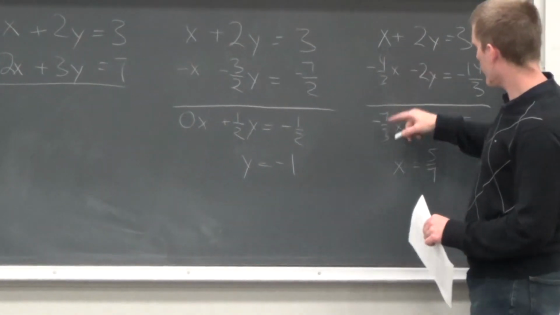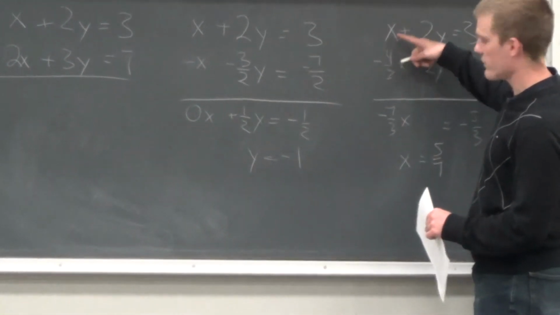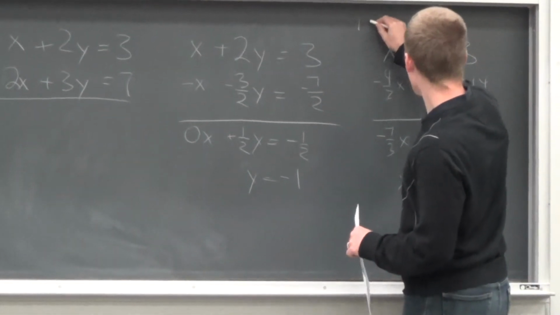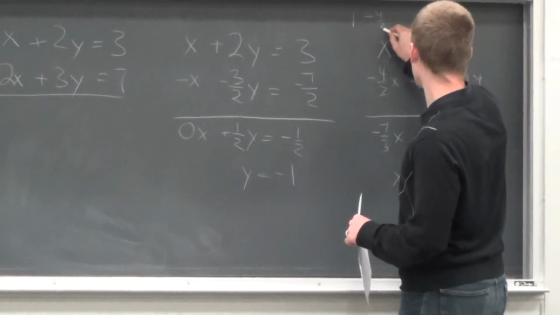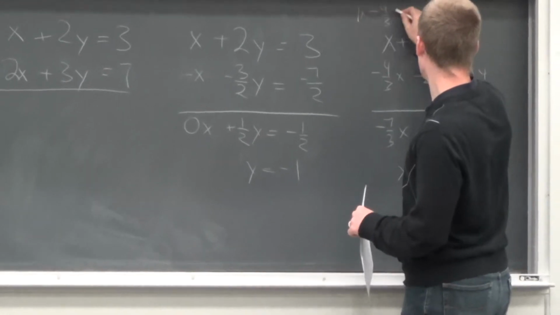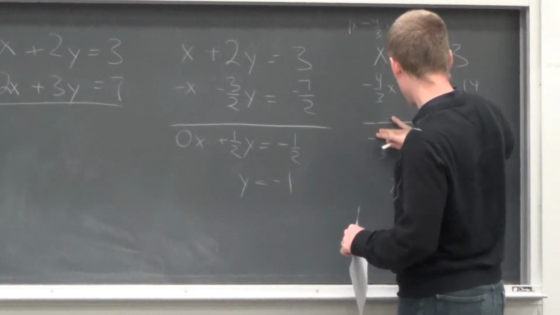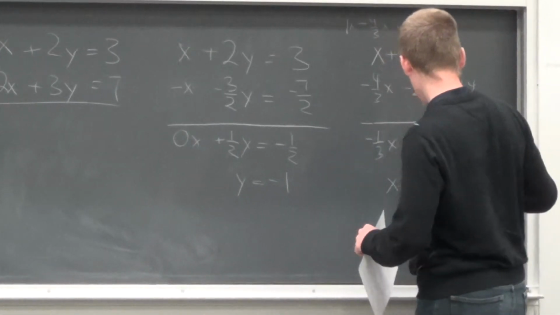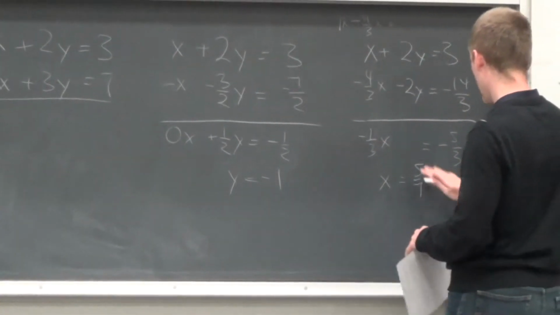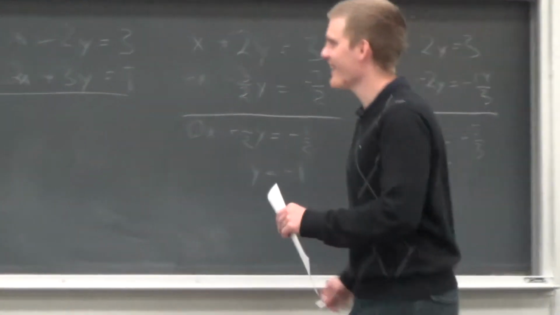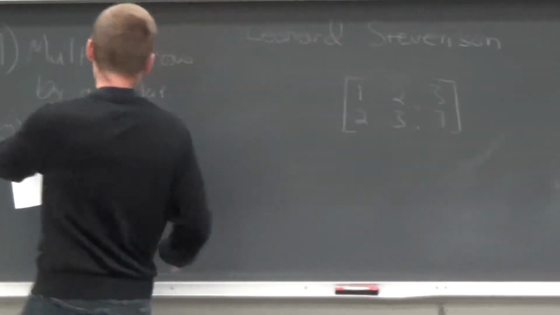Yeah, oh yeah, you're saying that this is, because we have, let's see, we have 3/3 x minus 4/3 x, so negative 1/3. Equals, oh, you're right, yes, I'm sorry, negative 1/3 x. Thank you very much.